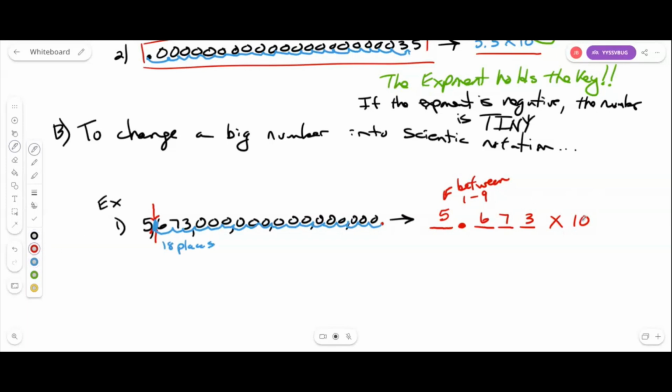So this becomes 10 to the 18th power. 5.673 times 10 to the 18th power is this number right here.